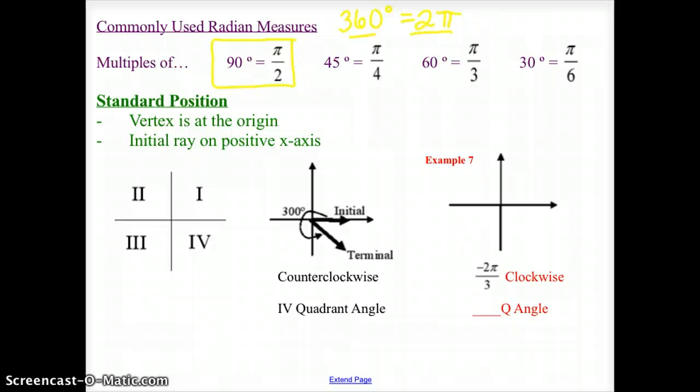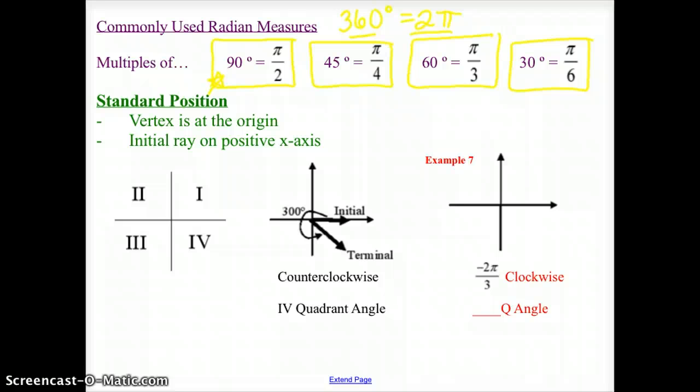So if I divide that by 2, I get 90 equals pi over 2. If I divide 90 by 2, I get 45. And if I take pi over 2 divided by 2, I get pi over 4. And then I can convert again 60 to pi over 3 and 30 to pi over 6. These are some commonly used radian measurements that you will remember by the end of the unit.